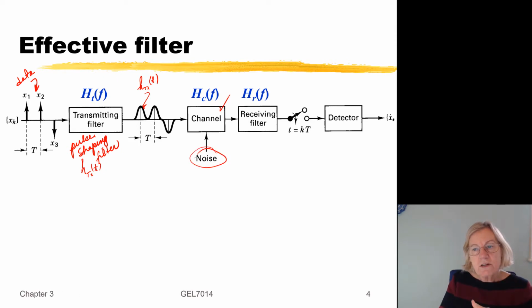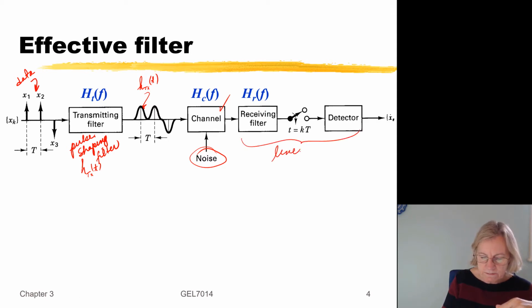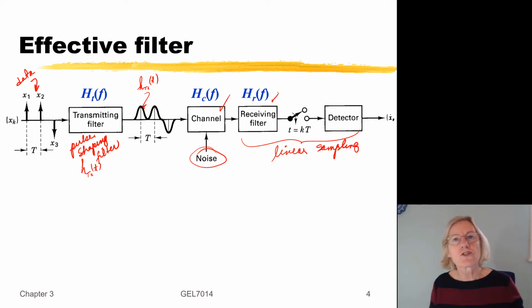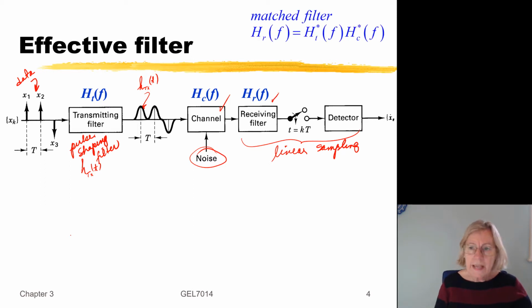Then at the receiver, of course, this is our linear sampling receiver. And so we have a filter here, which we've learned should be a matched filter. So this is a typical model for a communications system. And if we look up at the corner there, we think that the matched filter should be matched to what is received.